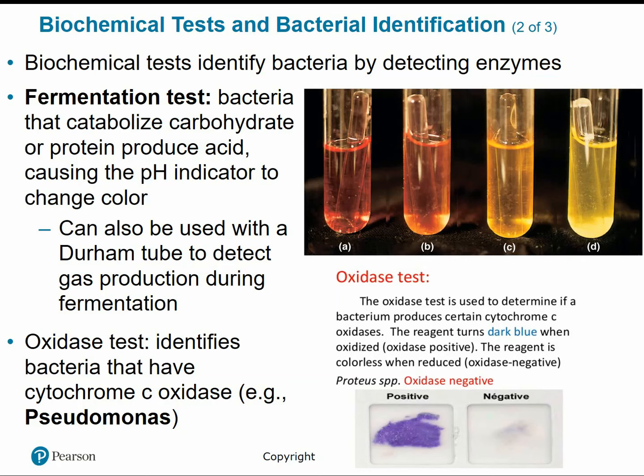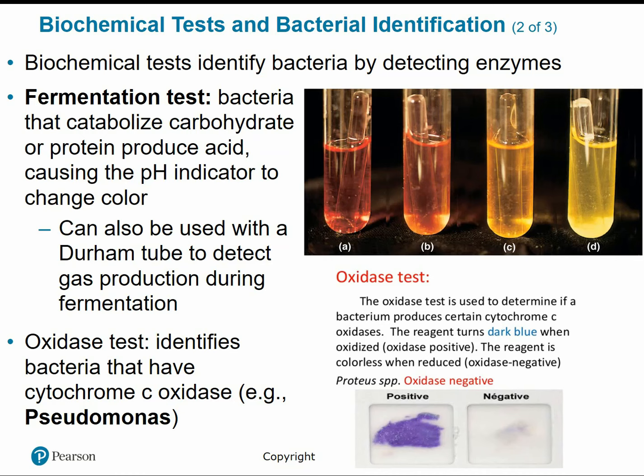We can use biochemical tests to help identify bacteria by detecting specific enzymes. Again, enzymes are genetically coded, so not all bacteria will have the same genes or the same enzymes. A fermentation test tests for bacteria that can catabolize, or break down, carbohydrates or proteins and produce an acid. If they're able to break down those nutrients and change the acid content of the solution, the pH indicator would change color.